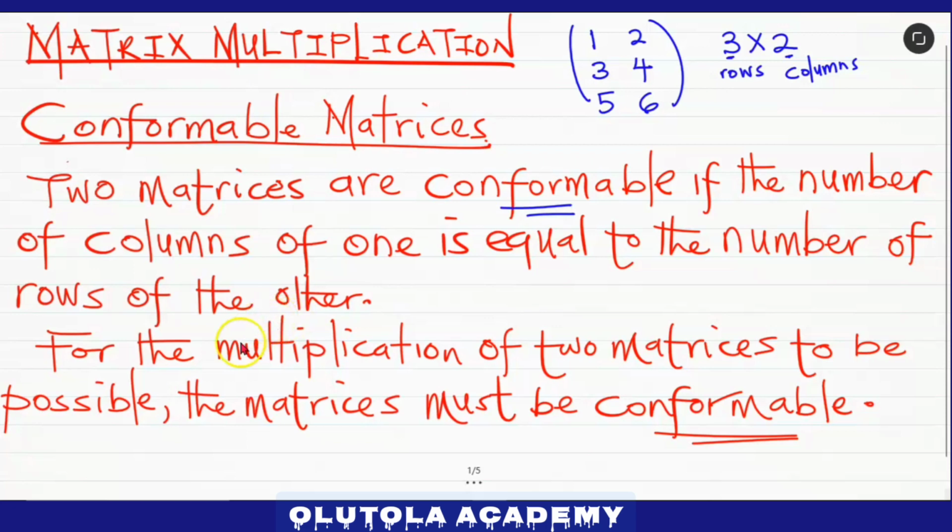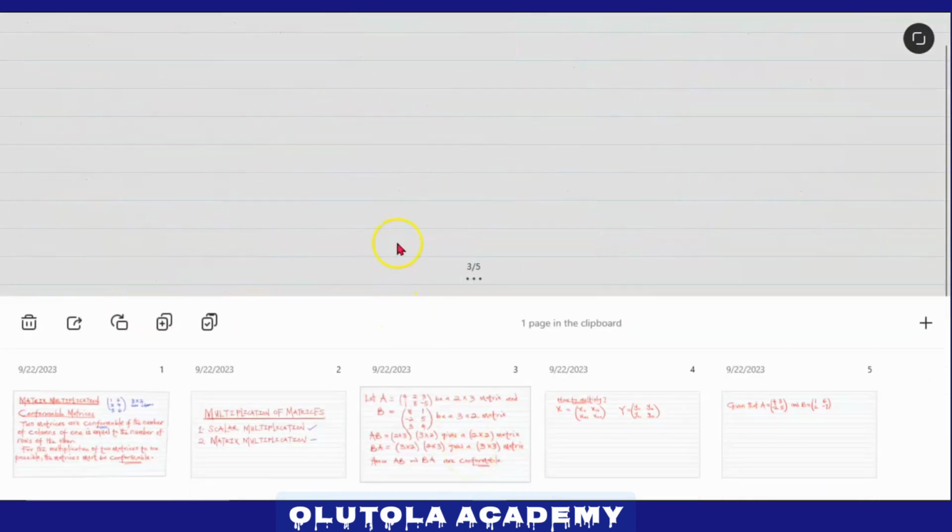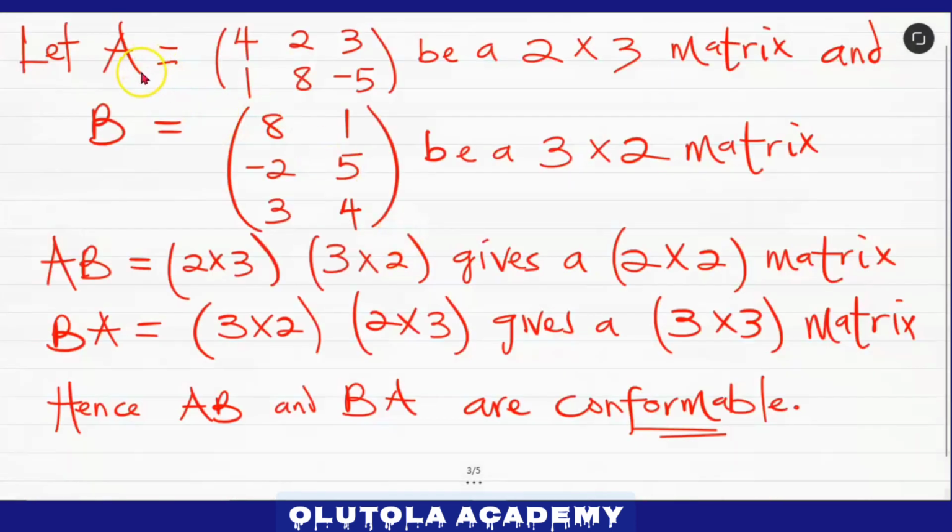Now, for us to do the multiplication of matrices, the matrices must be conformable. So I want to show you two matrices and what we mean by the conformability of two matrices. We have A, which is 4, 2, 3 as row 1, and 1, 8, and negative 5.